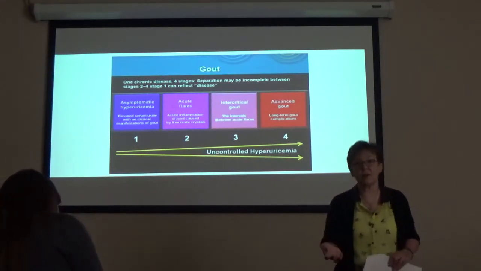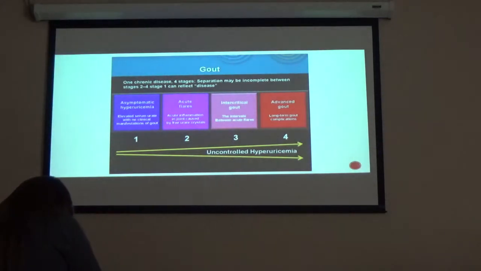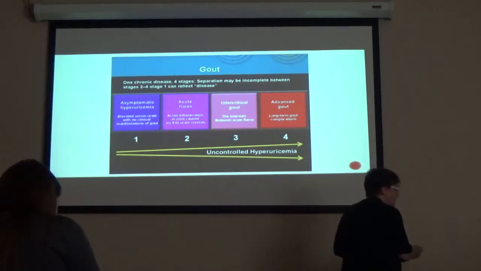So a gouty arthritis, you've got bony erosions, you've got disruption of that joint, and also the kidney. So tophi, chronic gouty arthritis, and then nephropathy, sorry. So those would be your 3 big complications.